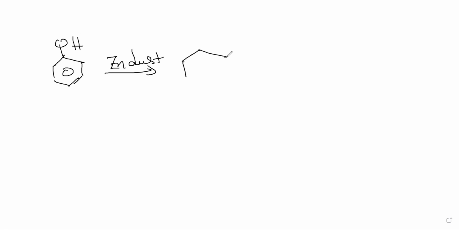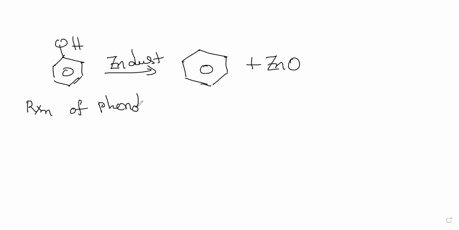When you heat phenol with zinc dust, you get benzene plus ZnO. This is the reaction of phenol with zinc dust. Zinc will remove the oxygen and then gives benzene.